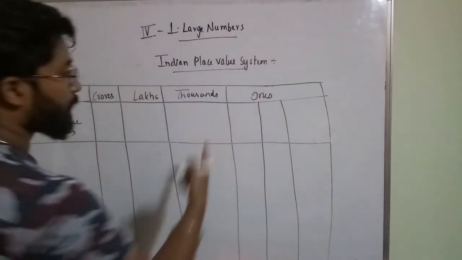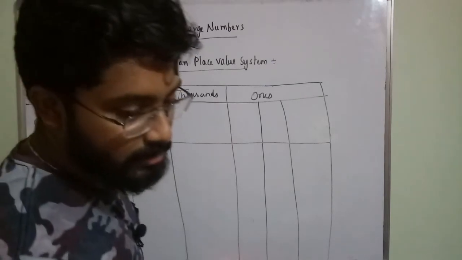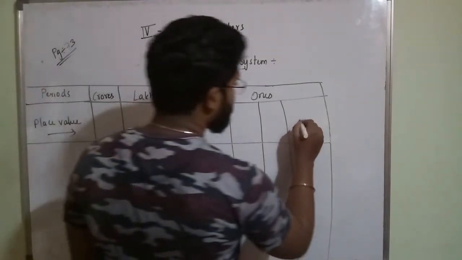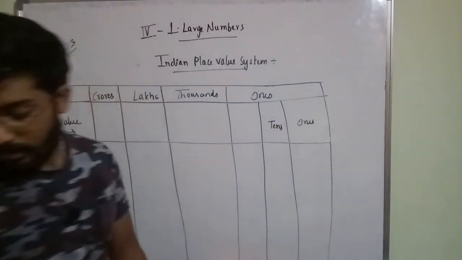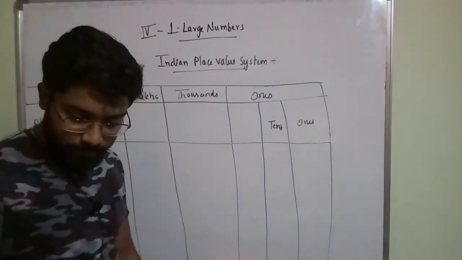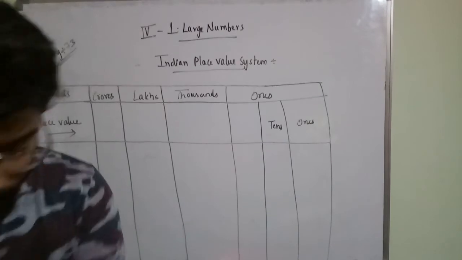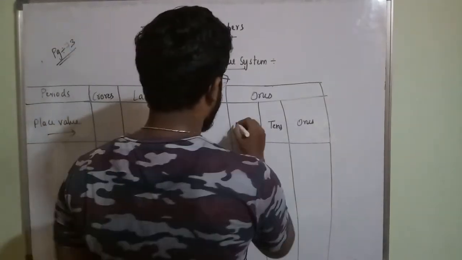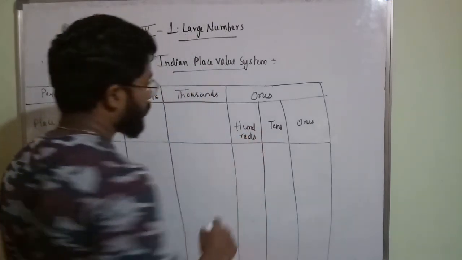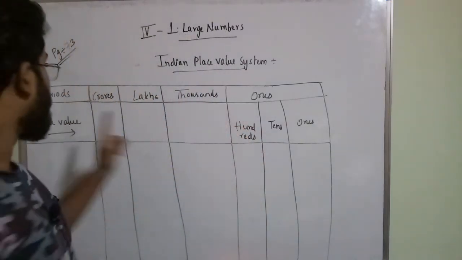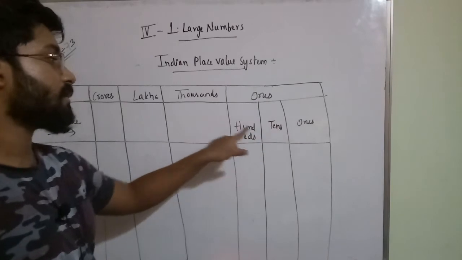So in the ones period we are having 3 places. What is that? Ones, tens, and what? Next one, just a minute. Ones, tens, hundreds. In the ones period we are having 3 place values: ones, tens and hundreds.